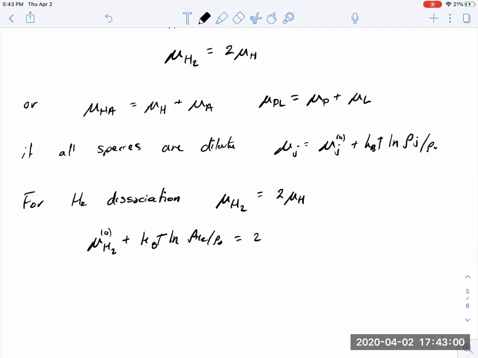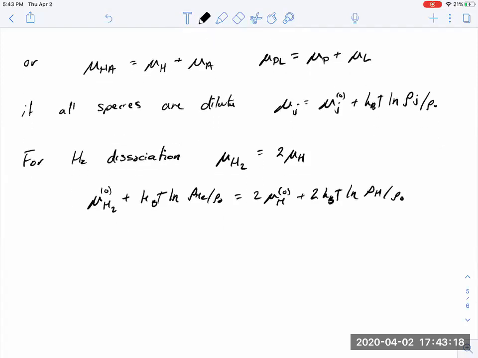That must be equal to twice the standard state chemical potential of atomic hydrogen plus twice kBT log the density of atomic hydrogen over its reference.